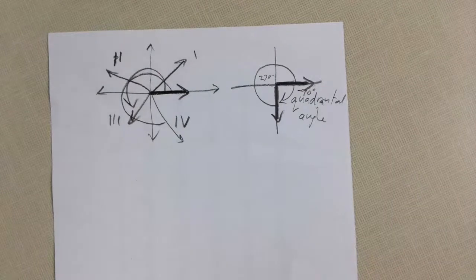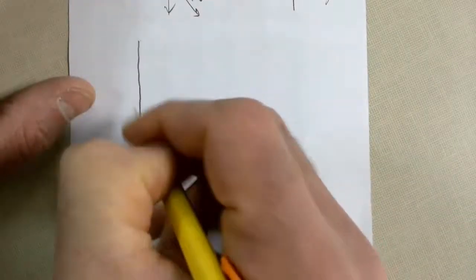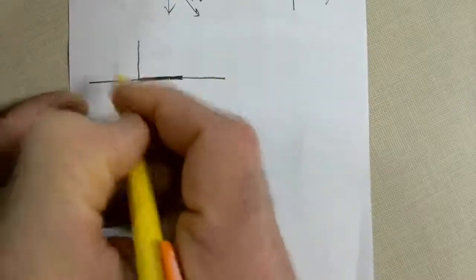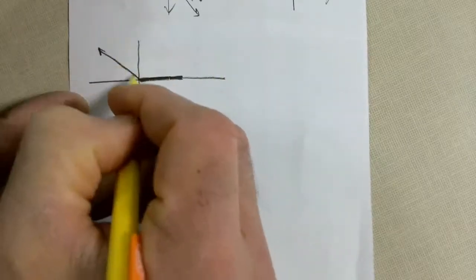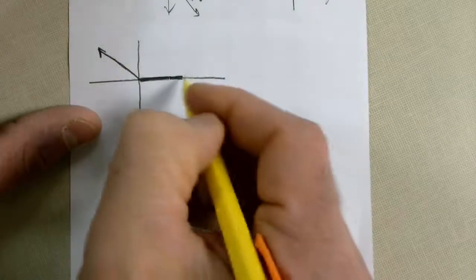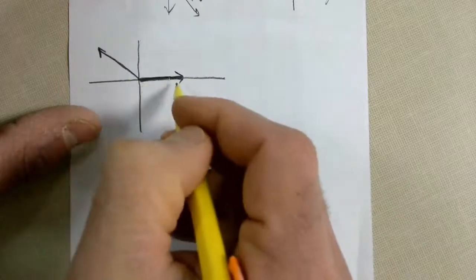Okay, now, something else. Because we're dealing with angles in a slightly different way than you may have dealt with them before, you need to be aware that one ray may end up representing the terminal side of multiple angles. So this is in standard position.